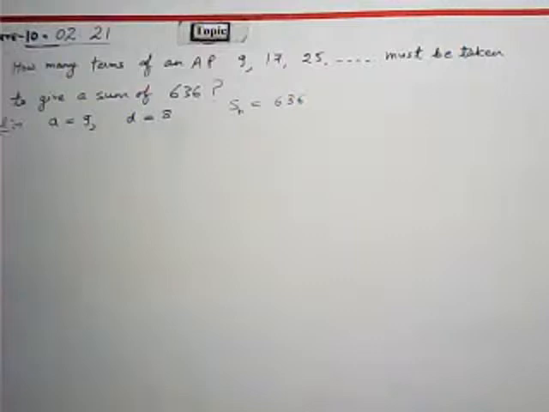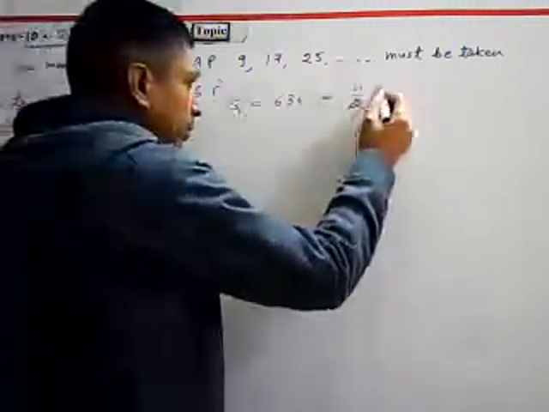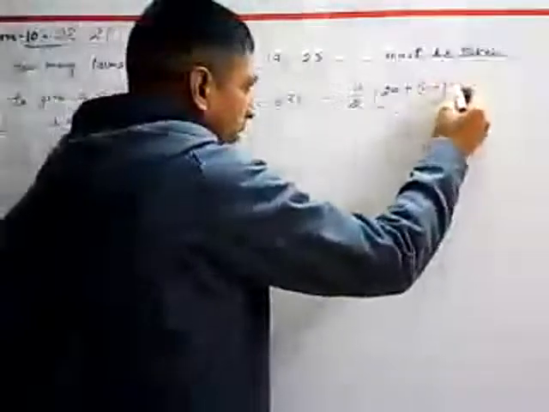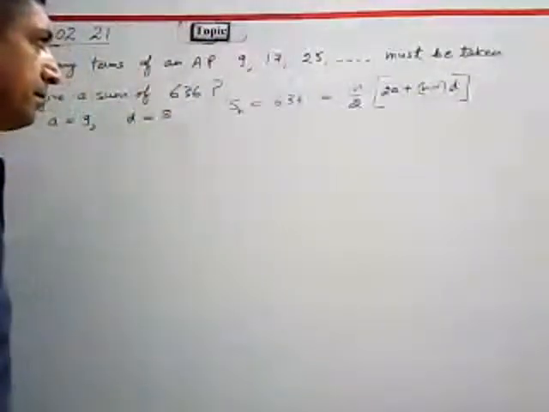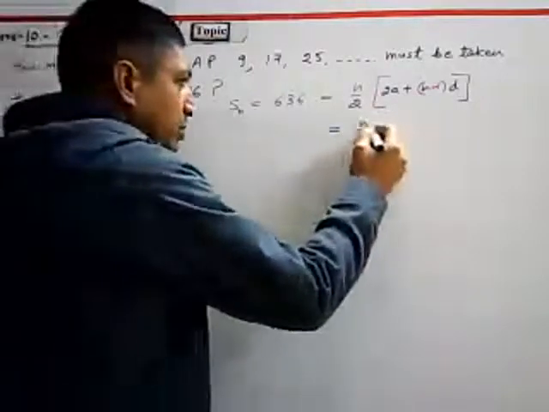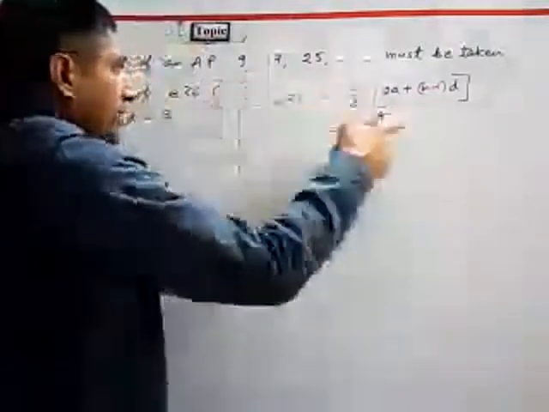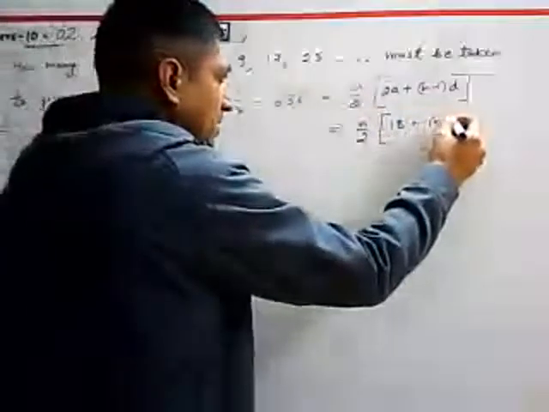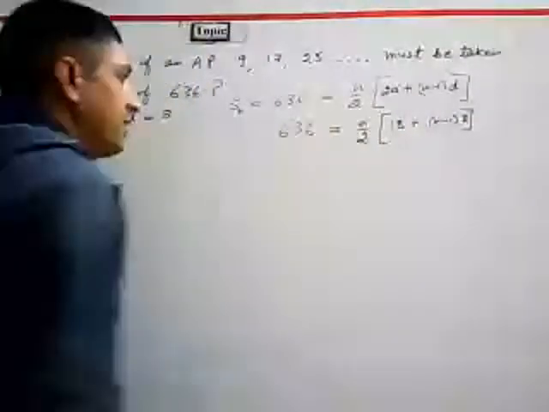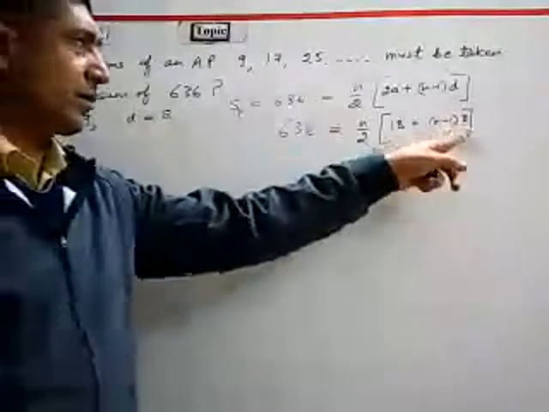Sn we know, the sum of n terms, is n by 2 into 2a plus n minus 1 into d. So 636 is equal to n by 2 into 18 plus n minus 1 into 8.